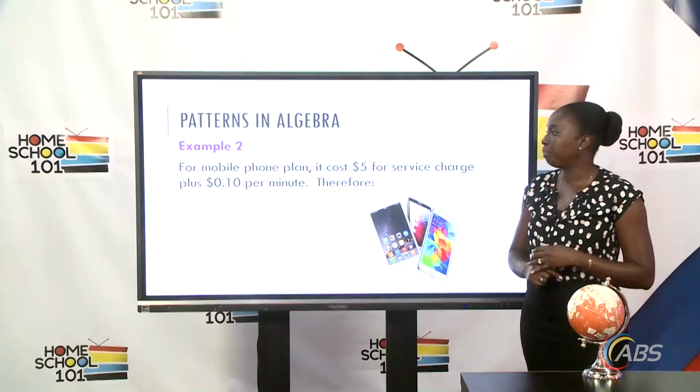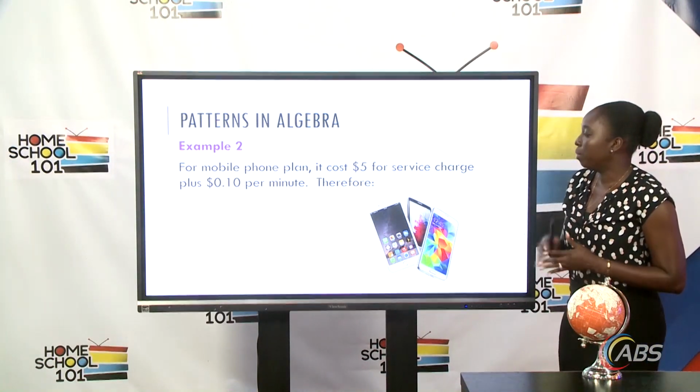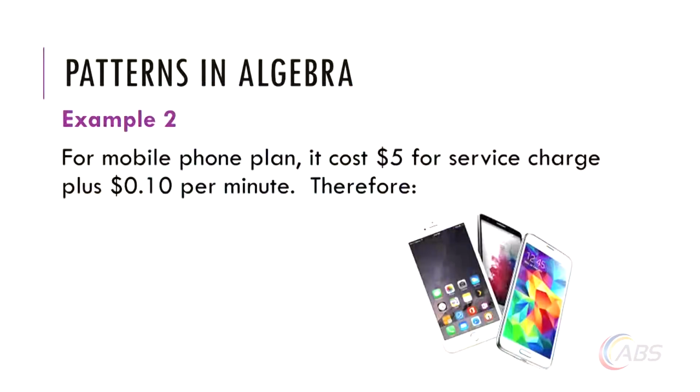Another example, for a mobile phone plan, it costs $5 for the service charge plus 10 cents per minute. Therefore, 20 minutes would be, of course, $5 automatically for the service charge, and because we use 20 minutes, plus 20 times 10 cents per minute.